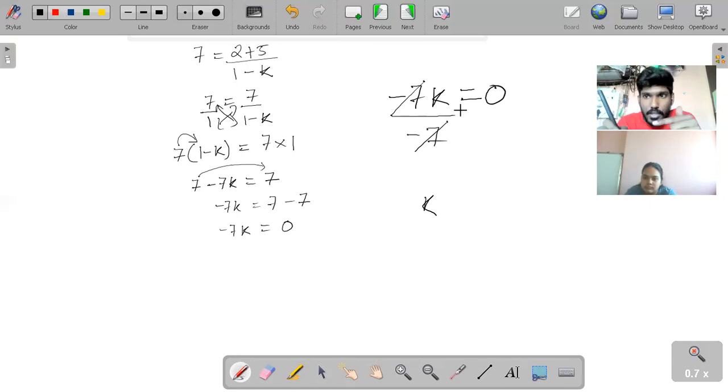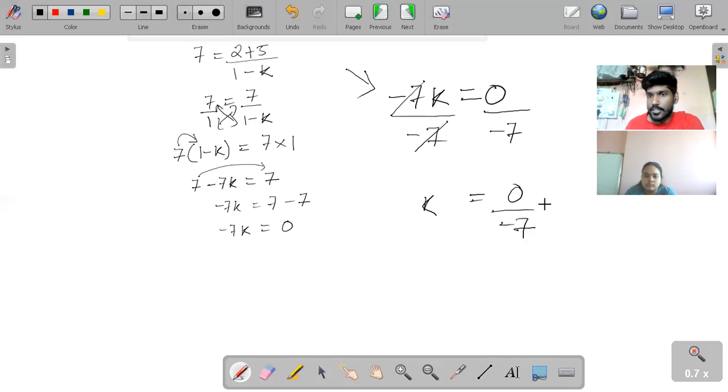But now there is a rule in maths that if you divide on the left hand side with a number, then you have to divide the right hand side also with the same number. So on the right hand side also you will have to divide by -7. So here the -7 got cancelled, and here you are left with just 0 upon -7, and you know 0 upon -7 is 0. Is this part clear?